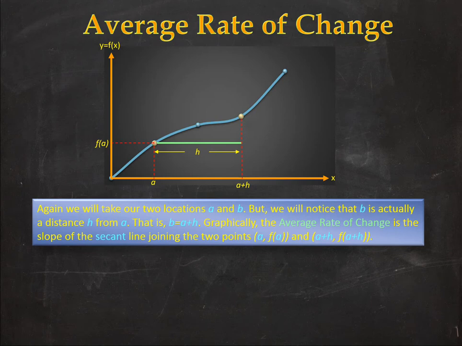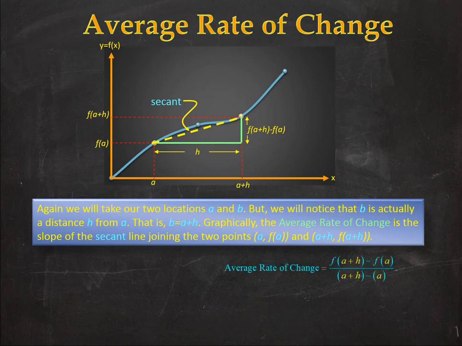So my a has the value f of a, and my b, which is really now a plus h, is going to have the value of f of a plus h. And likewise, my change in my y value is going to be f of a plus h minus f of a, while my change in my position is going to be a plus h minus a. Now, likewise, because I've got 2 points, the slope of the line segment joining those 2 points is also my secant, so nothing changes there.